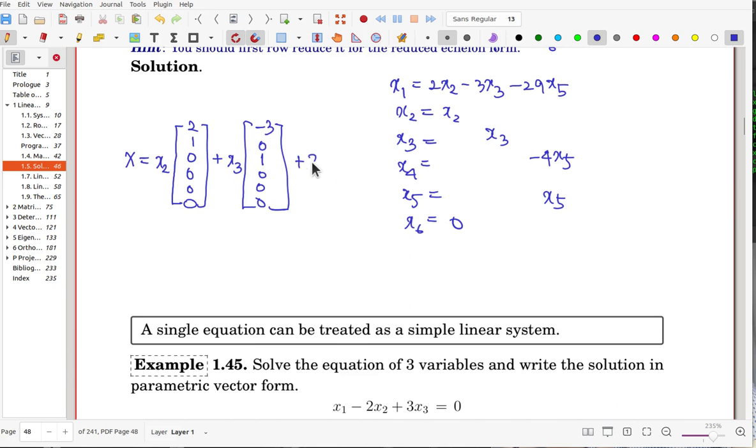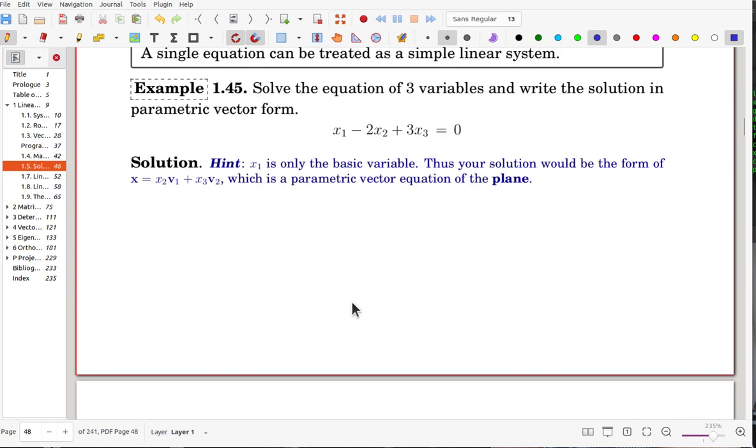And finally, for x5, the vector must be minus 29 for the first component, then 0, 0, 0, 0, and minus 4 and 1, 0. So that's the general solution. x2, x3, x5 can be arbitrary numbers, and the solution set is the span of these 3 vectors.